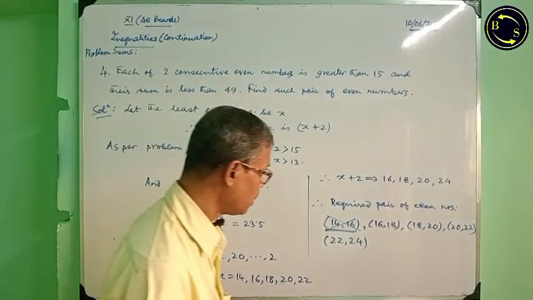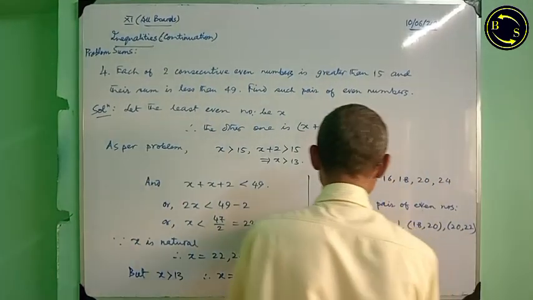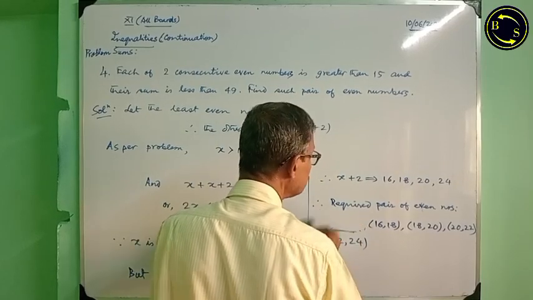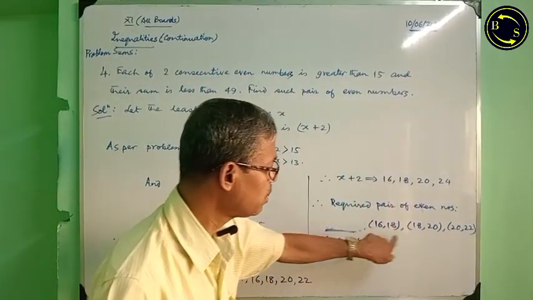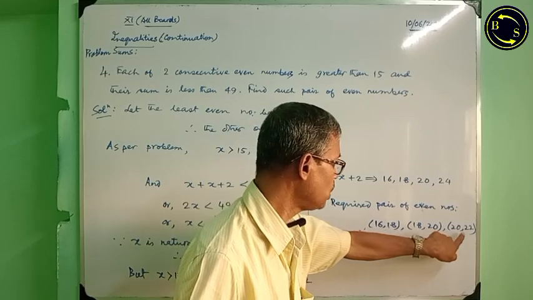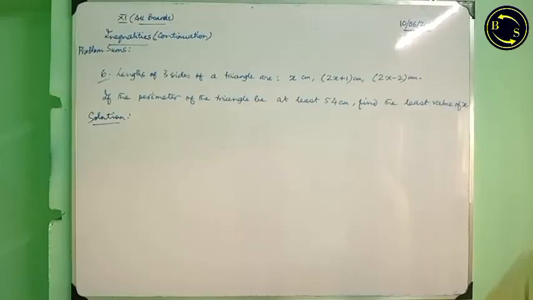Therefore, finally, the required pair of even numbers will be 16, 18, 18, 20, 20, 22, then 22, 24. Next sum.